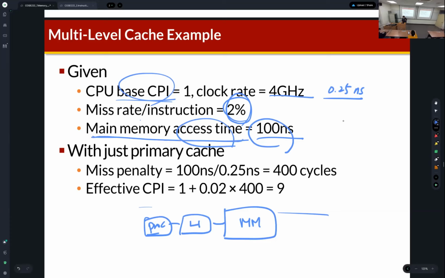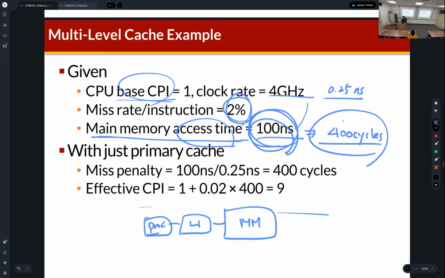Because the main memory access time is 100 nanoseconds, in cycles it is 400 cycles, because the clock period is 0.25 nanoseconds. So this is the miss penalty, 400 cycles.